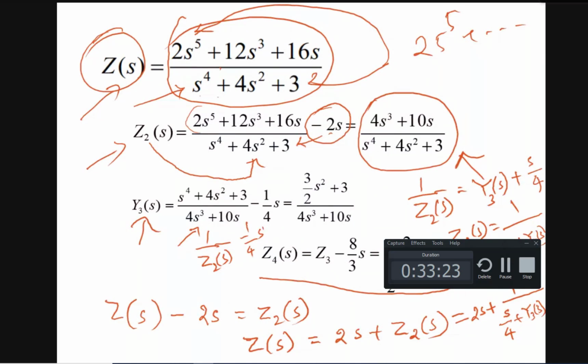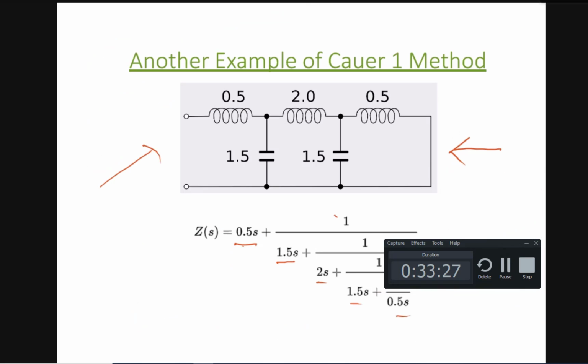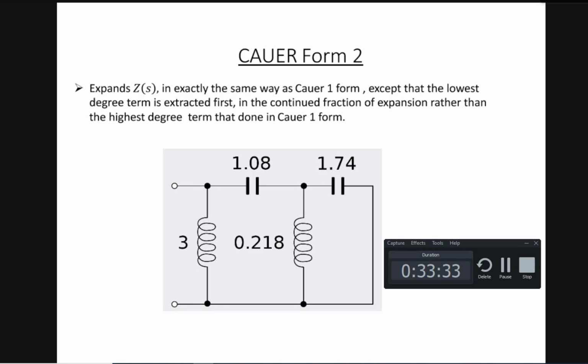So then the numerator becomes denominator, denominator becomes numerator, and using that we can expand in similar fashion, and the Cauer 2 form of the network can also be obtained. This you may use as homework maybe.